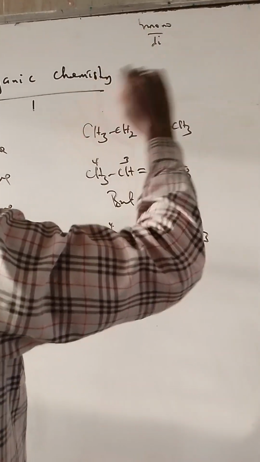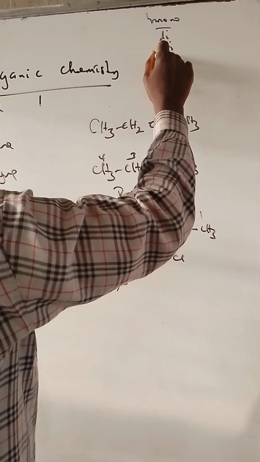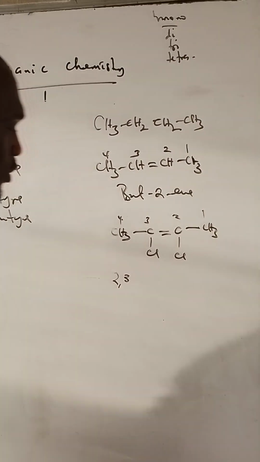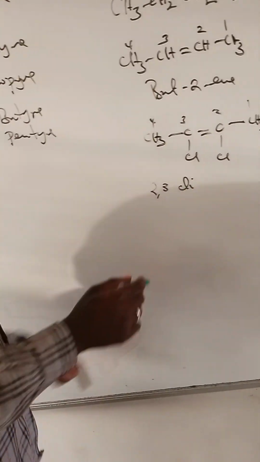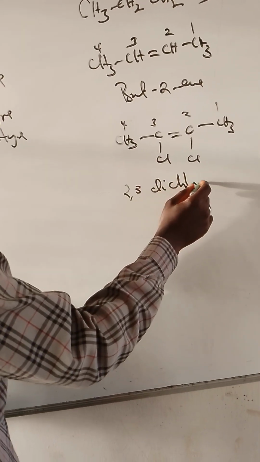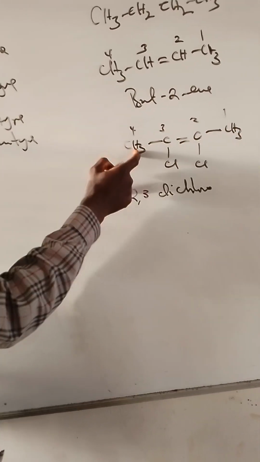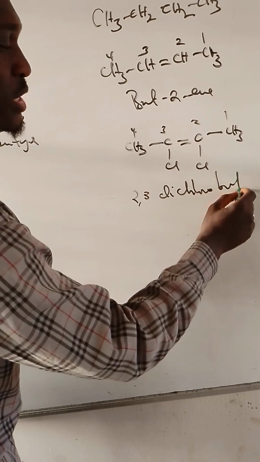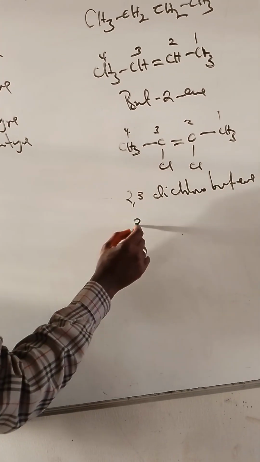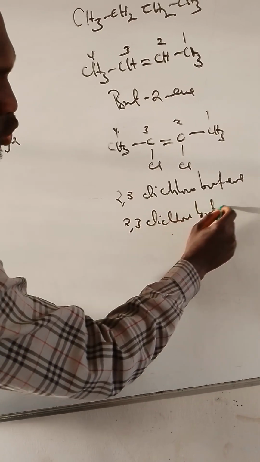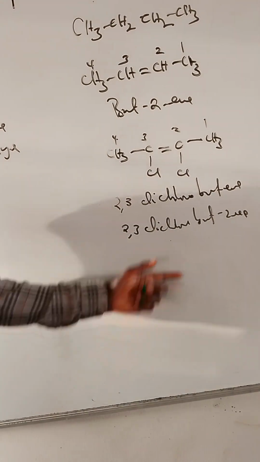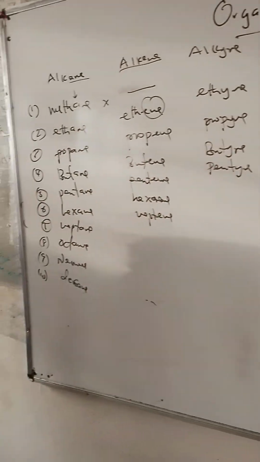We have di if it's 2, tri if it's 3, tetra if it's 4. So this one will be 2, 3, di, what is attached? Chloro. And the chain is 1, 2, 3, 4; if it's 4, you call it butene. So you say 2,3-dichlorobutene, as the case may be. That's how you name it.